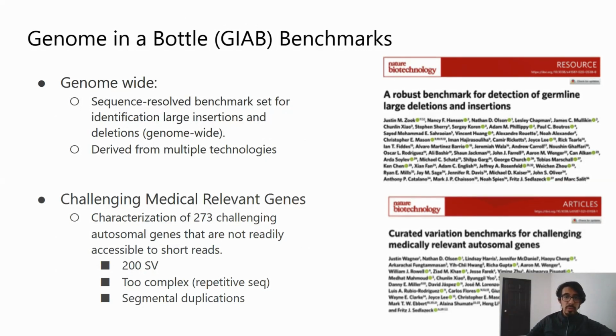The first dataset we use is a genome-wide benchmark for the identification of large insertions and deletions. The second one is a characterization of challenging medically relevant genes that are not accessible for short-read data because they are too complex, include highly repetitive sequences, and segmental duplications.